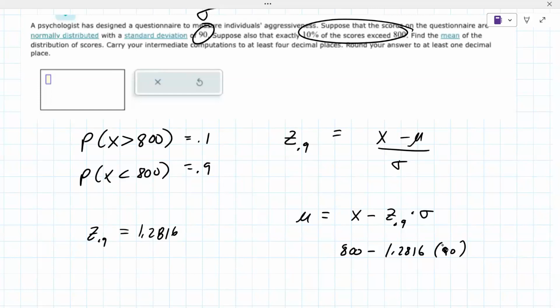We're trying to find mu. 10% of the scores exceed 800. Wait a second. No, it is a minus. I'm sorry. It's a minus. All right, so that ends up being 684.7.